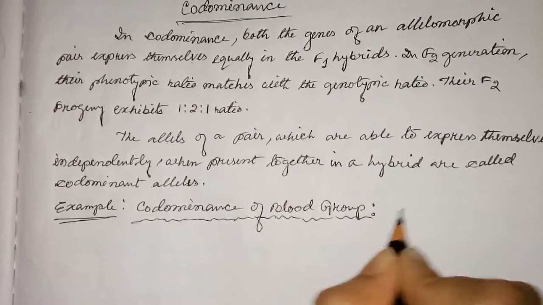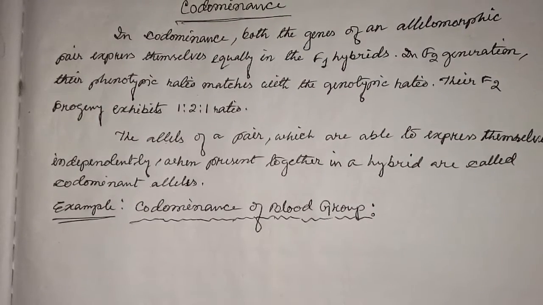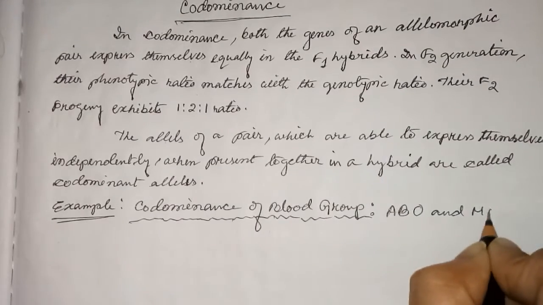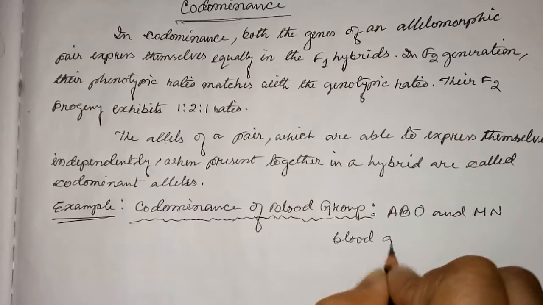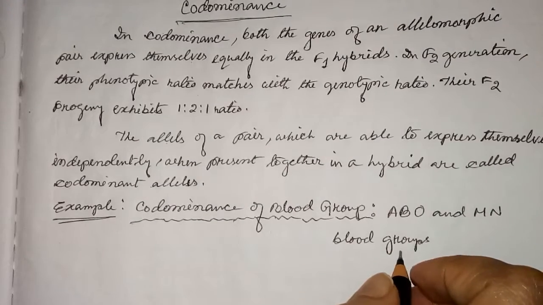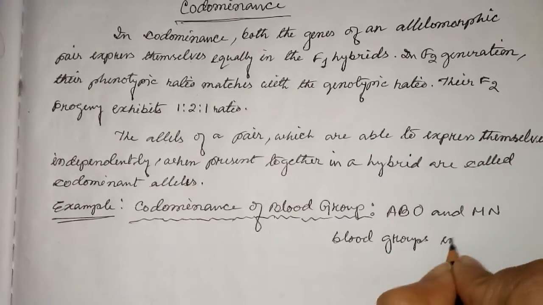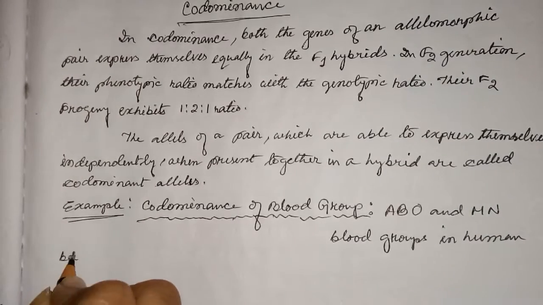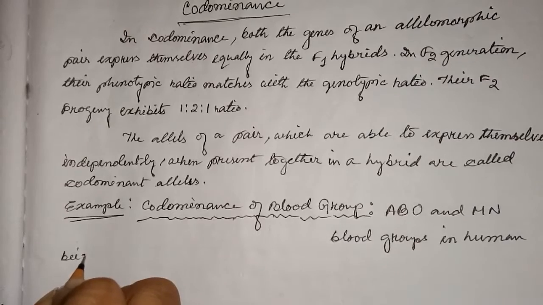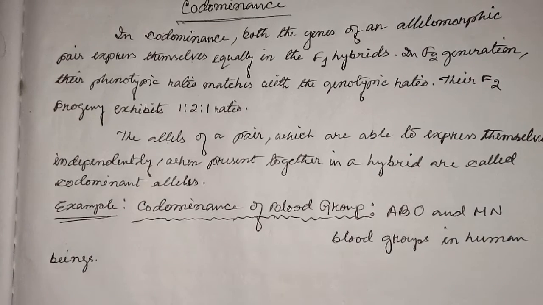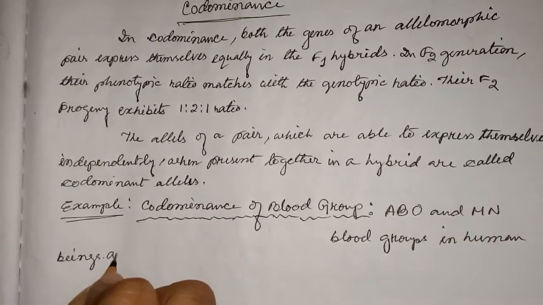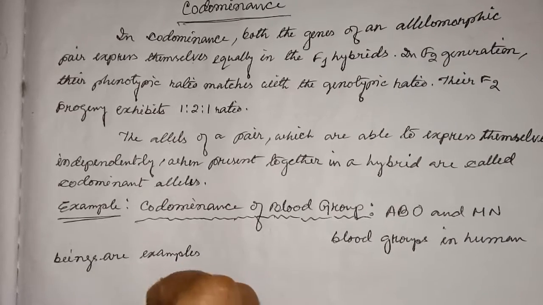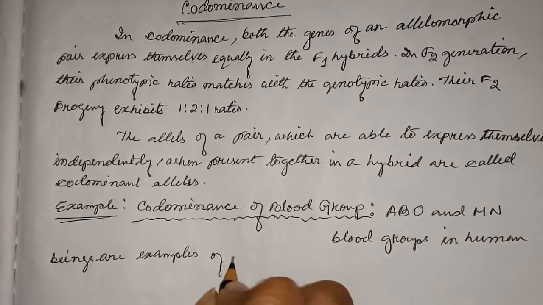ABO and MN blood groups in human beings are examples of codominance.